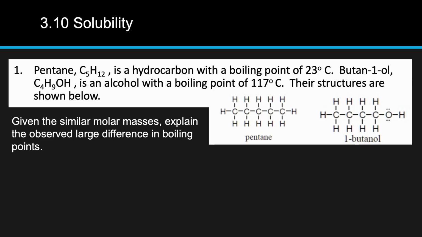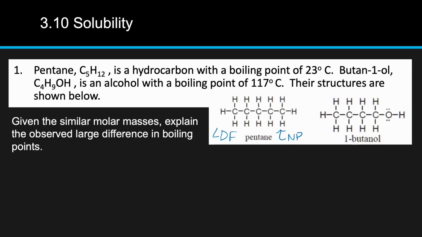Given the similar molar masses, explain the observed large difference in boiling points. So looking at pentane, all carbon to carbon bonds and carbon to hydrogen bonds are nonpolar bonds. That makes pentane a nonpolar molecule. So the only type of intermolecular force pentane has is going to be your London dispersion forces.